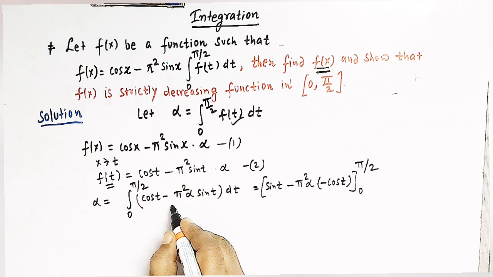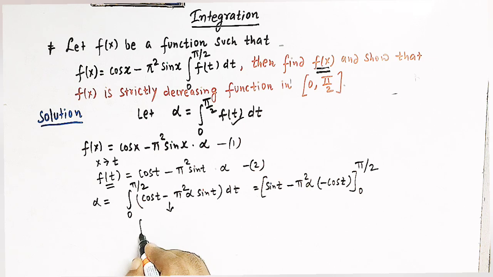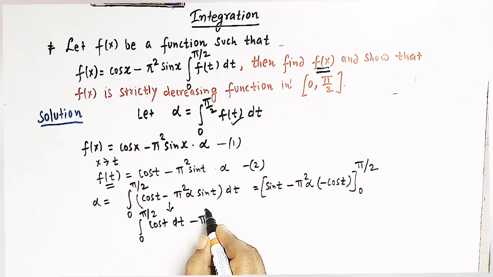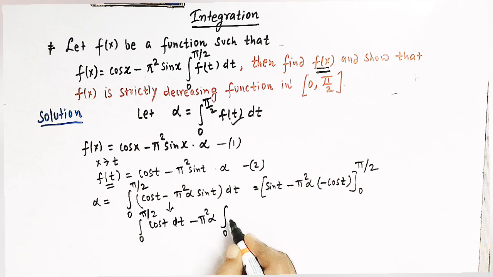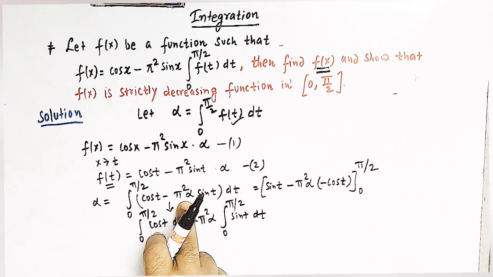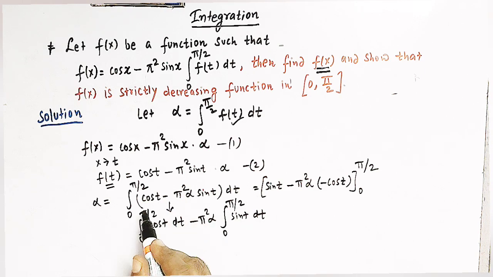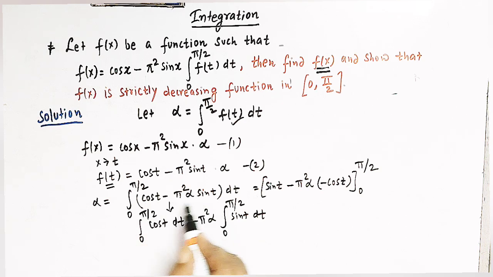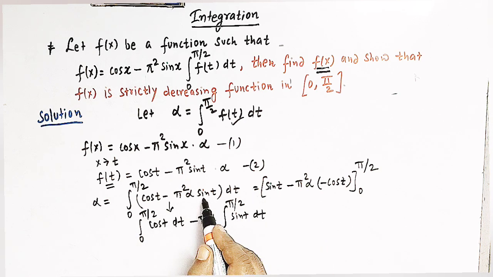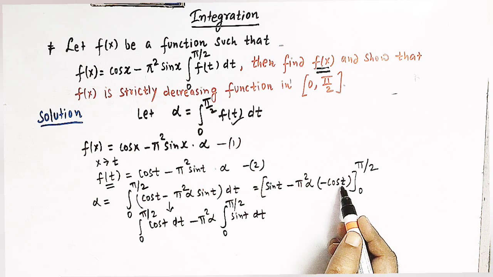So in other words, we can also write this equation as integral 0 to pi by 2 cos of t dt, and then we have pi square alpha and integral 0 to pi by 2 sine t dt. Integrating the terms, cosine t has integral sine t, and sine t has integral minus cosine t.